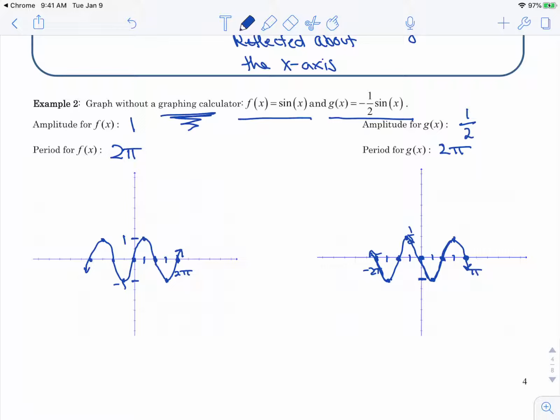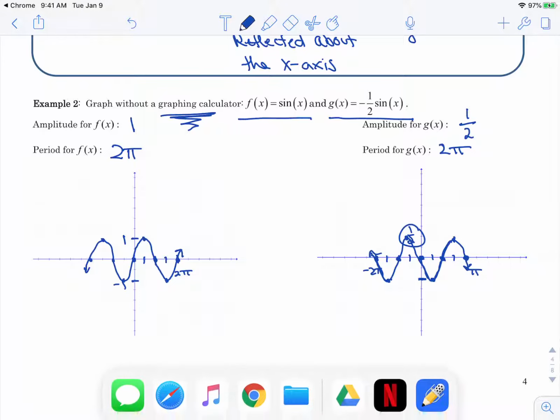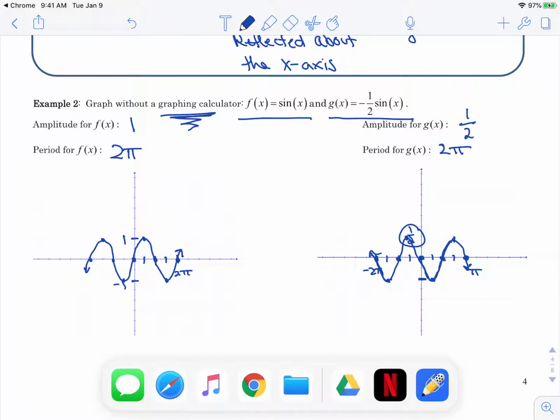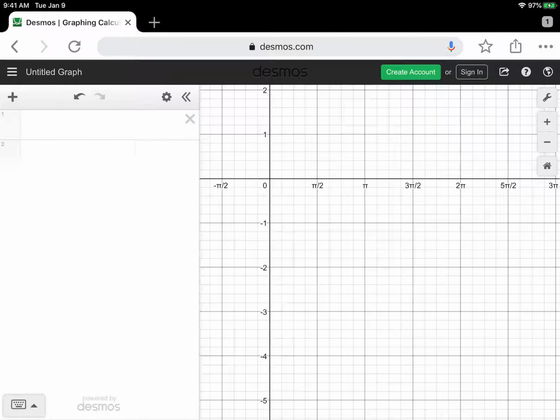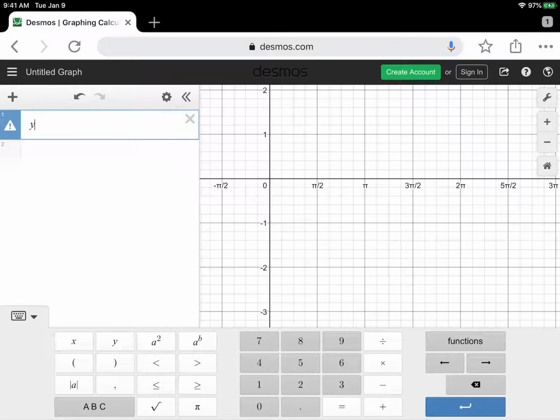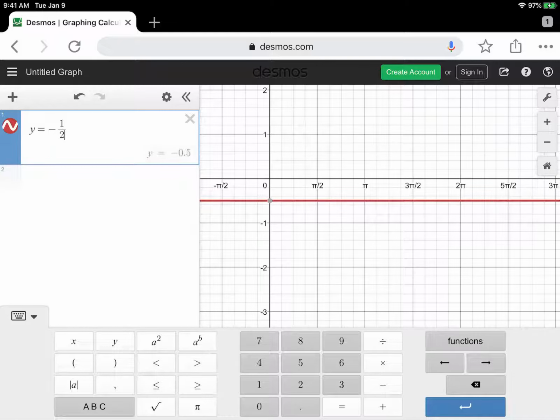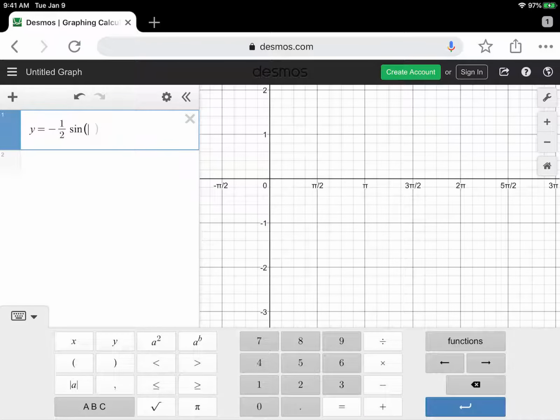Let's check. Again, this looks kind of similar to the other one, but my scale makes it different, and the reflection. Just to check with Desmos, I'm going to do y equals -1/2 sine of x, and hopefully it looks the same. You could double check your coordinates.